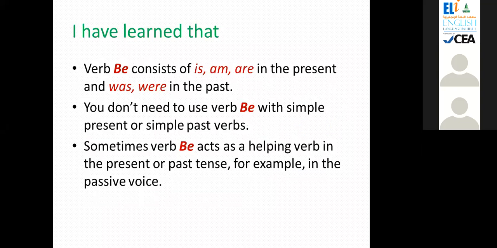Also, sometimes you don't need to use the verb to be with simple present or simple past verbs at the same time. And sometimes verb to be acts as a helping verb in the present or past tense, for example, in the passive voice. Okay?